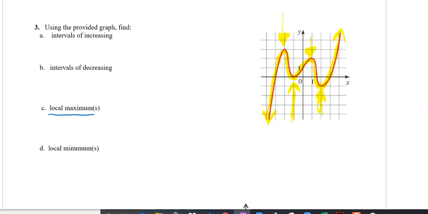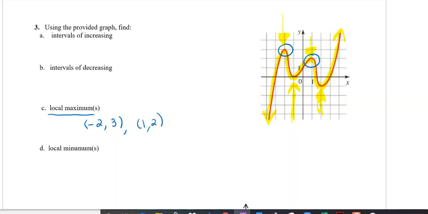So you want to write just the ordered pairs for those points. There's a local maximum right here. And so the coordinates of that point are at -2, 3. And then there's another local maximum right there, which is at 1, 2.